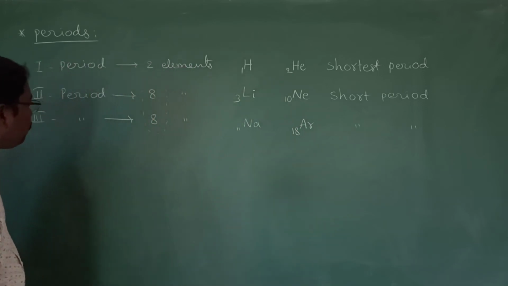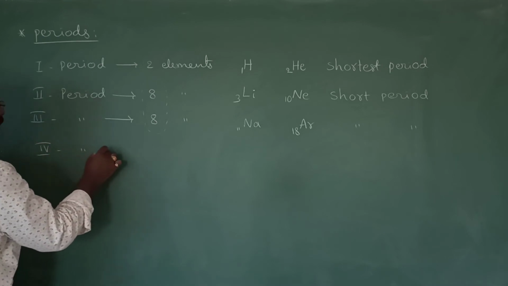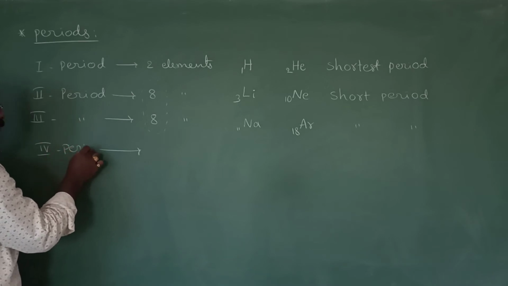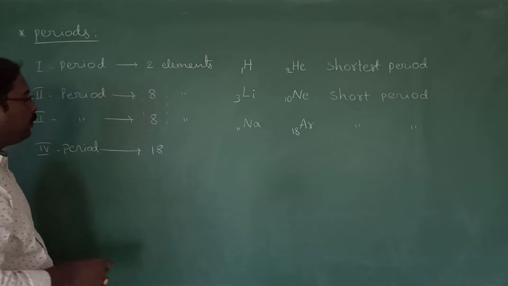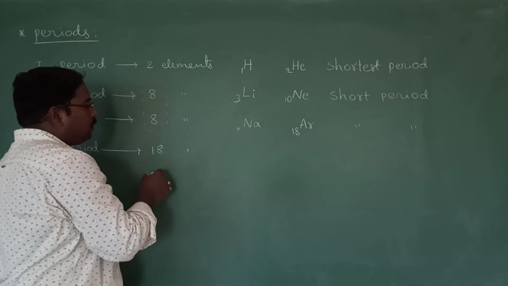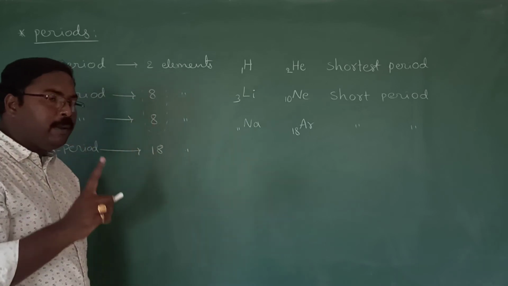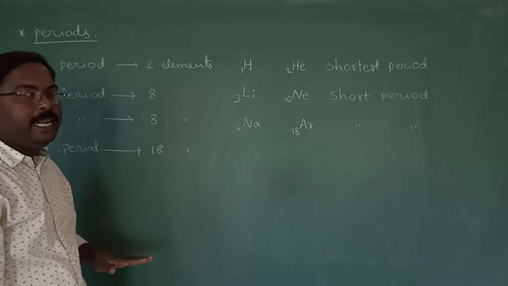Now coming to the fourth period, it contains 18 elements. The previous two contain only 8 elements, but the fourth period contains 18 elements.